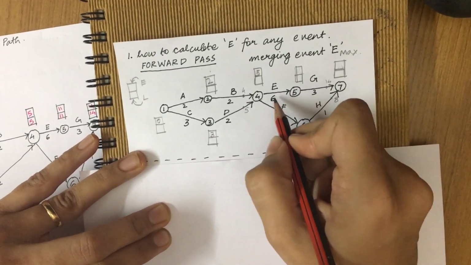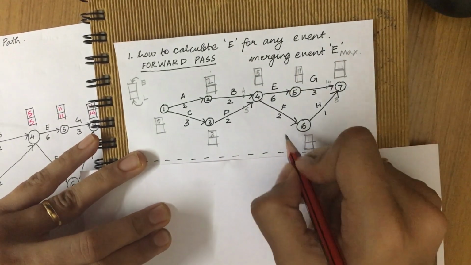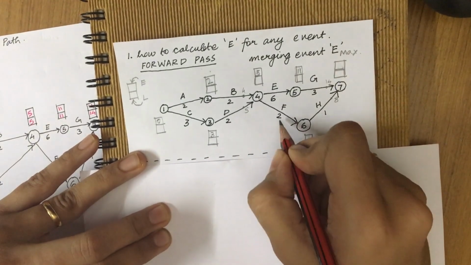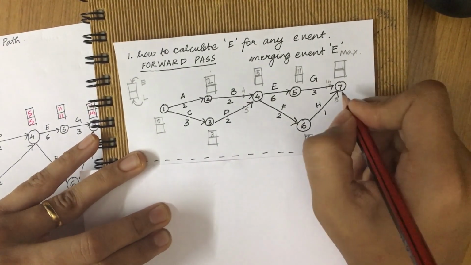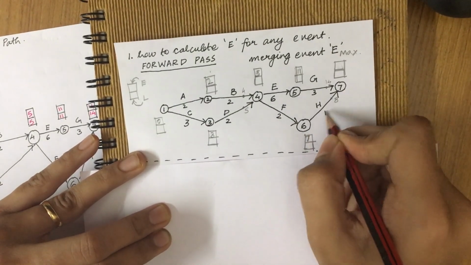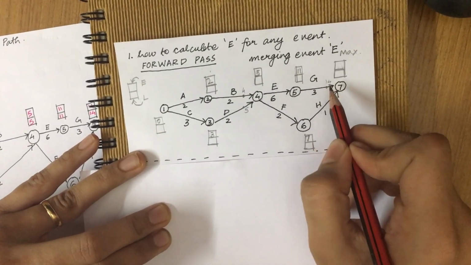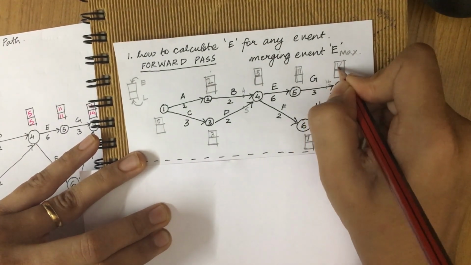E for fifth will be 6 plus 5, that is 11. E for sixth will be 2 plus 5, that is 7. Now E for the seventh event will be either 7 plus 1, that is 8, or 11 plus 3, that is 14. So you need to take the bigger value, 14.